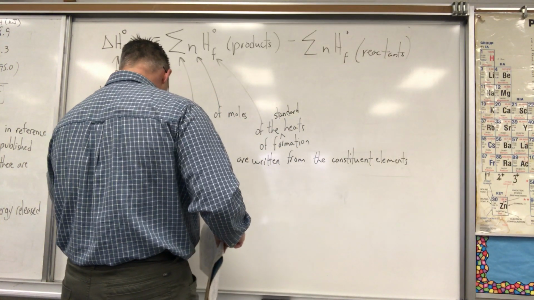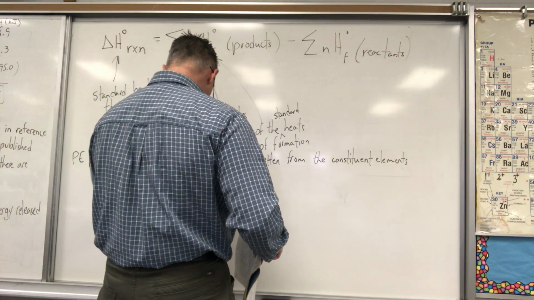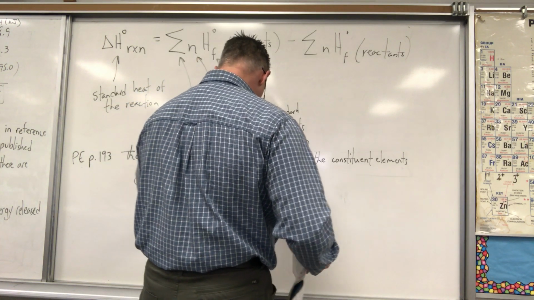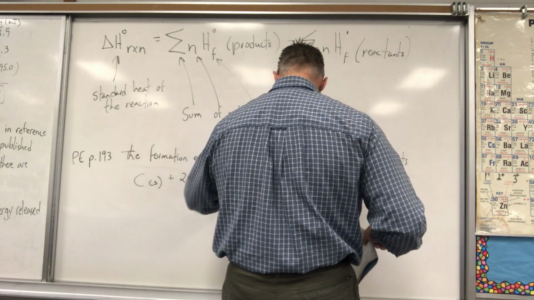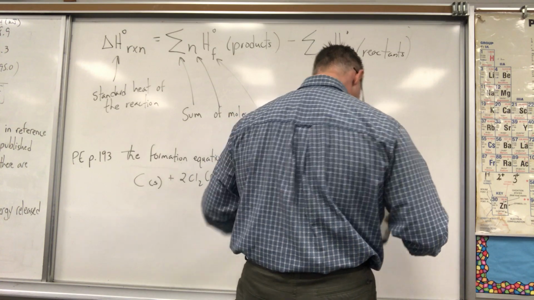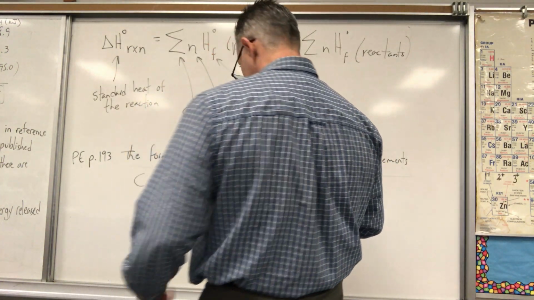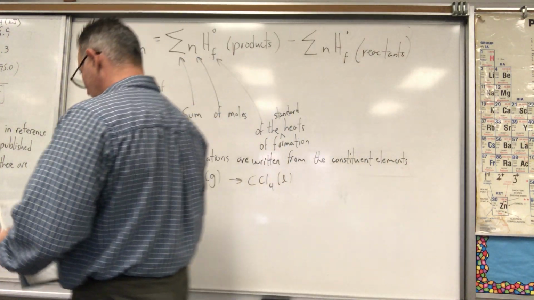So carbon, a solid, reacts with 2 chlorine gas molecules to form carbon tetrachloride, which is a liquid at room temperature. That's your formation equation.